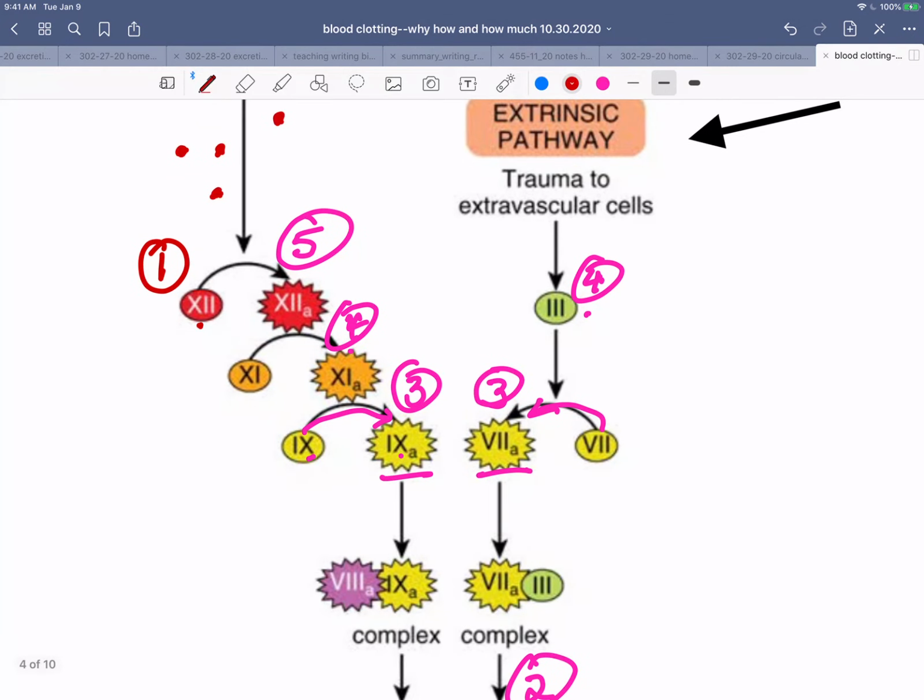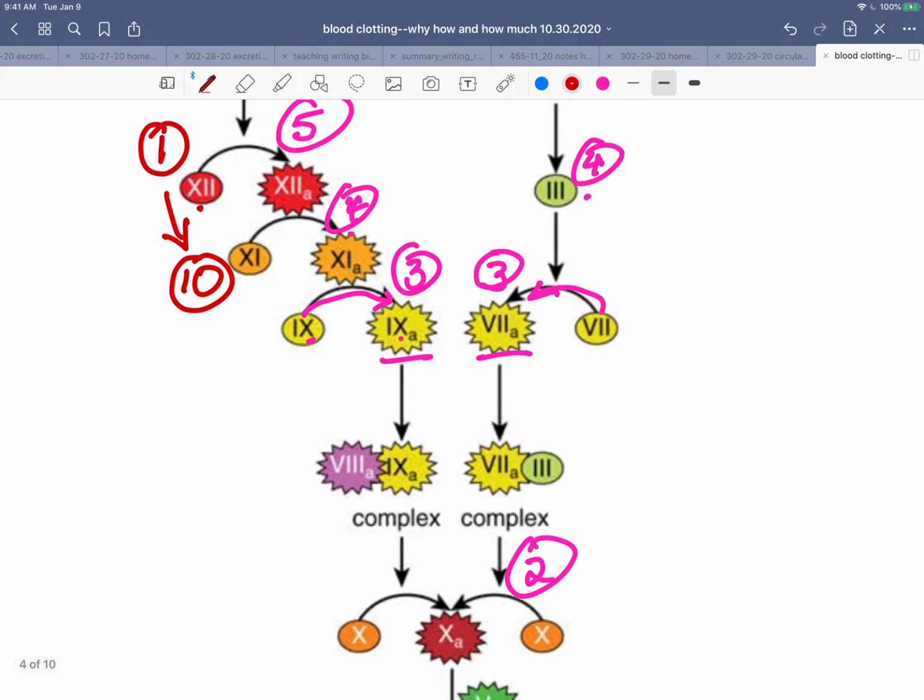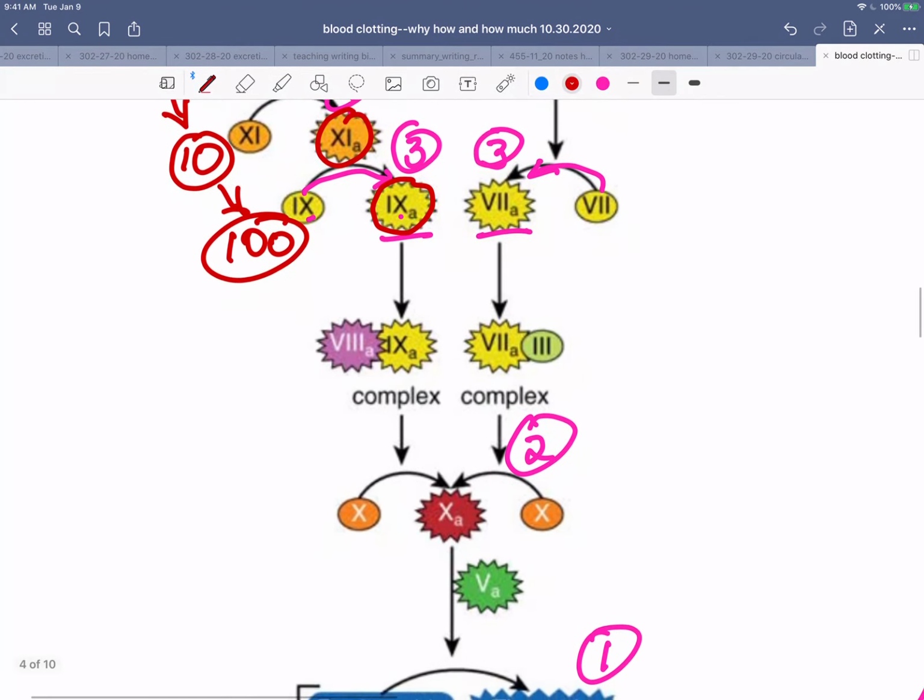At the next step, maybe each factor 12A activates at least 10 factor 11s. So at the next step, we've gone from 1 to 10. We've got an amplification factor of 10. And at the next step, maybe 11A can activate 10 9As. And so we go from 10 now to 100 active enzymes.